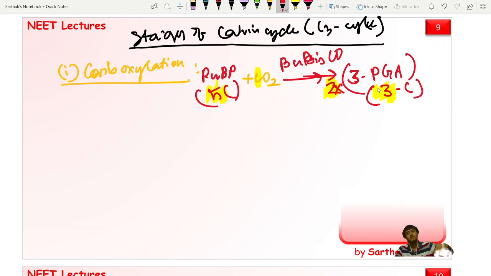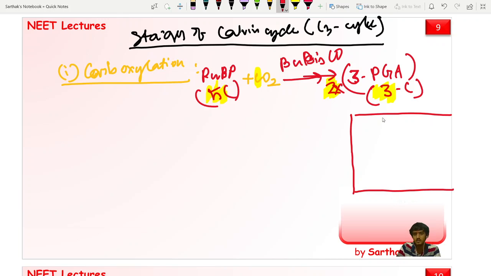So, as a small note, scientists at first thought the primary acceptor of CO2 was a 2 carbon compound, because the product here is a 3 carbon compound.